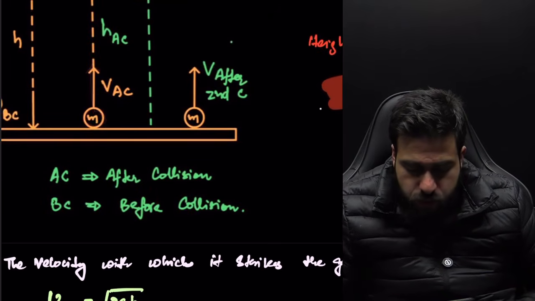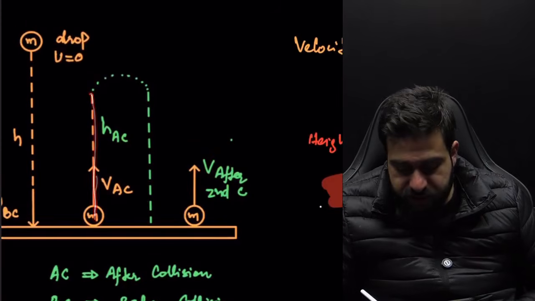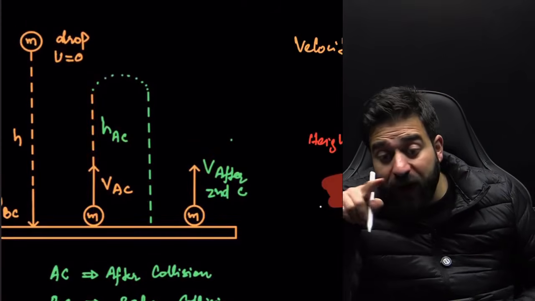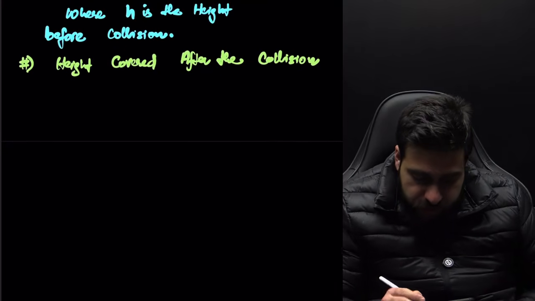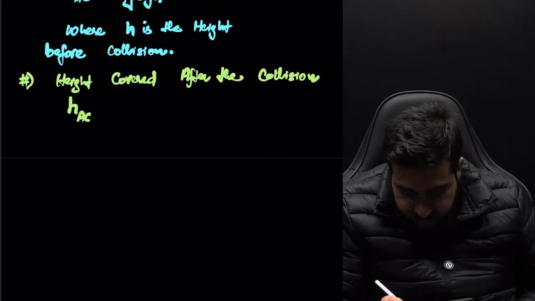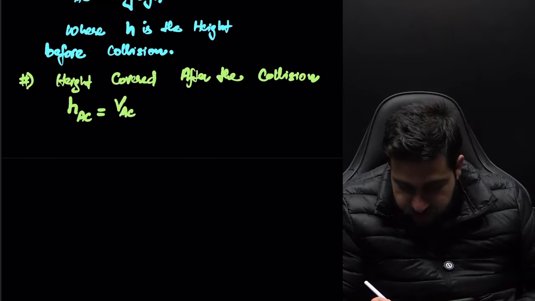If an object is thrown with some velocity, how much height is it going to cover? U square by 2g, which we have studied in vertical motion. So the height covered after the collision is U square, the initial velocity, here the velocity after the collision, squared, divided by 2g.